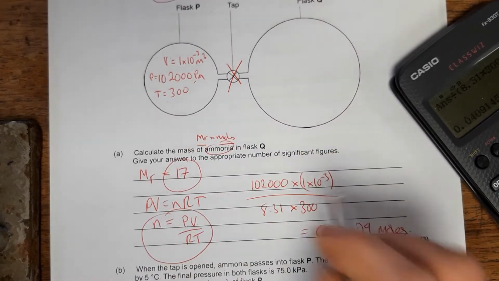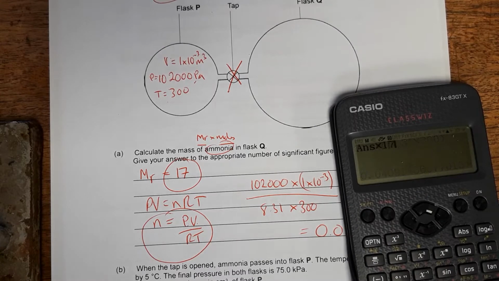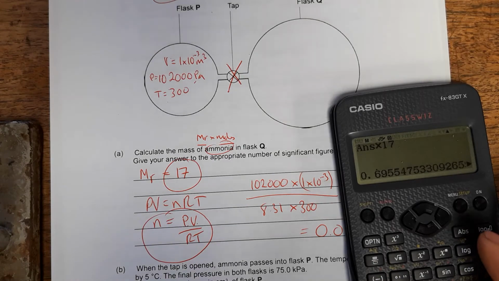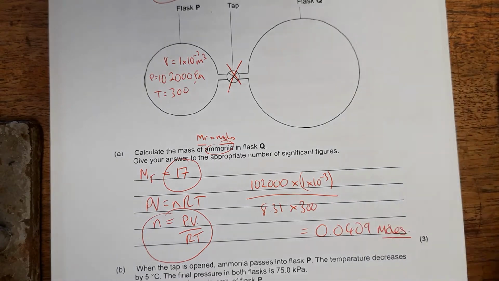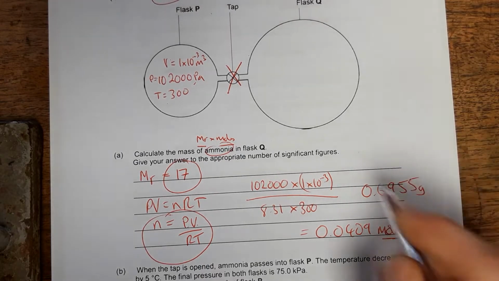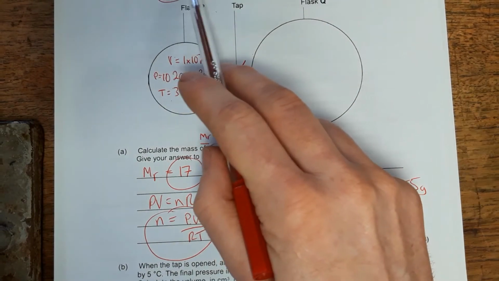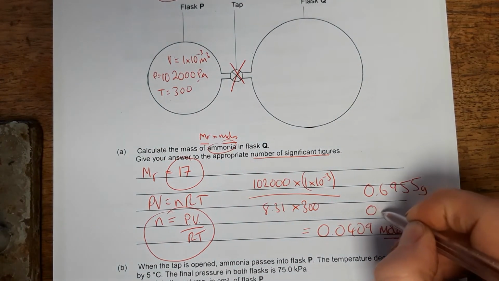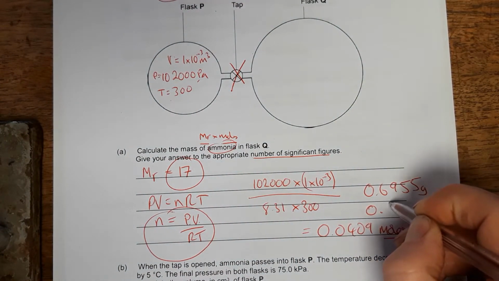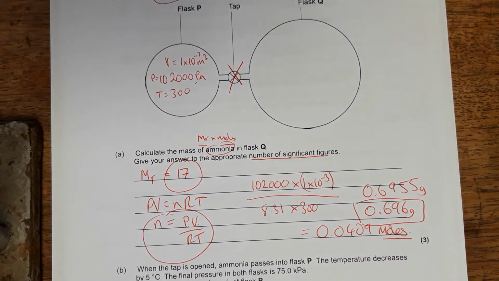So I've got an MR over here and I've got moles, so all I've got to do is times them together. Times that by 17 and you end up with 0.6955 grams. It says appropriate number of significant figures: 1, 2, 3 sig figs. 0.696 grams. There's my answer.